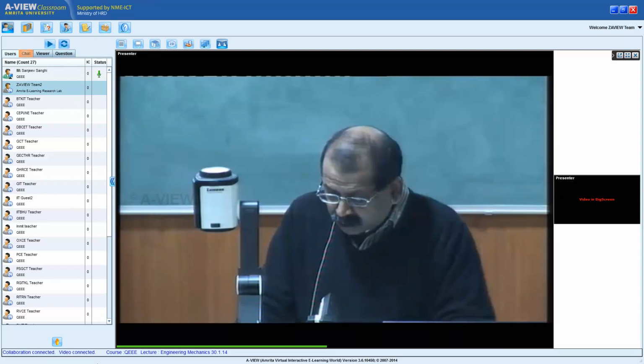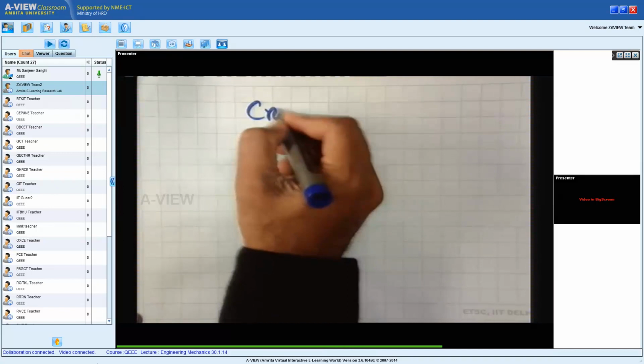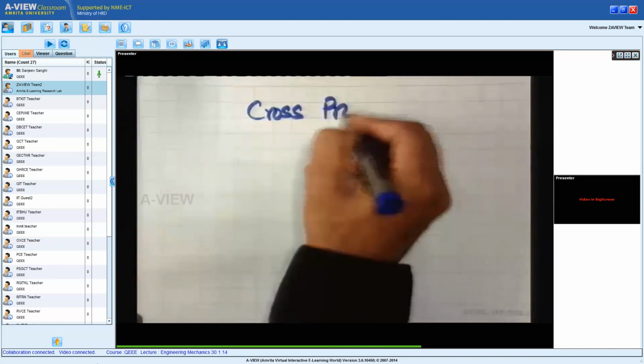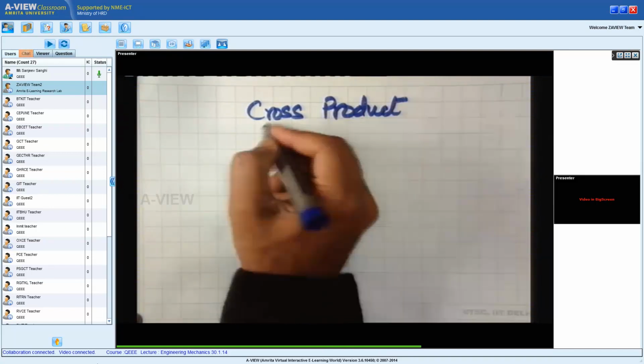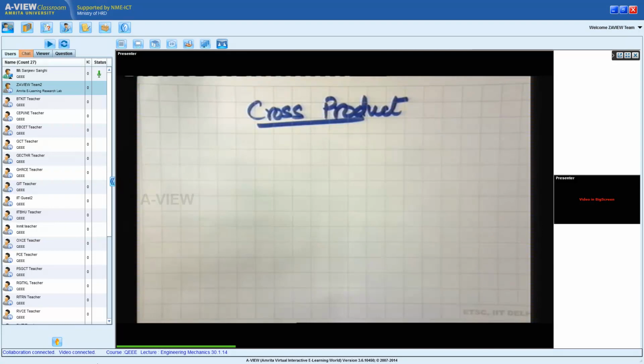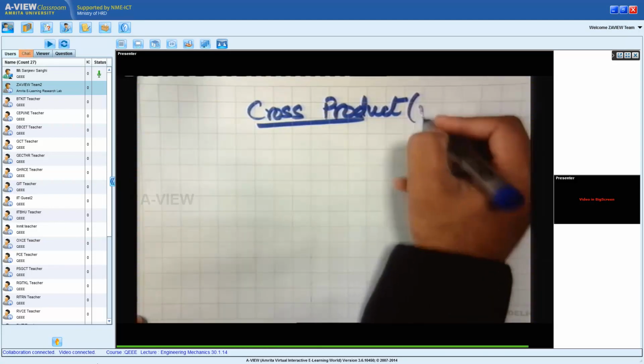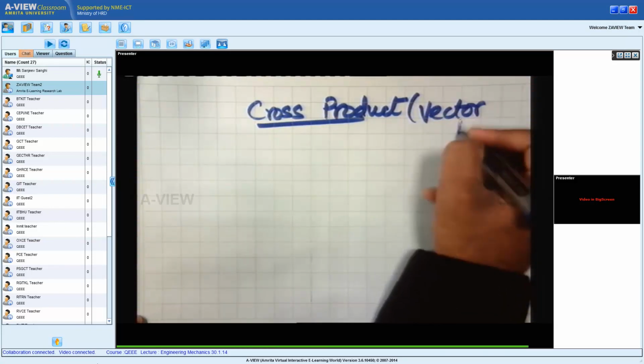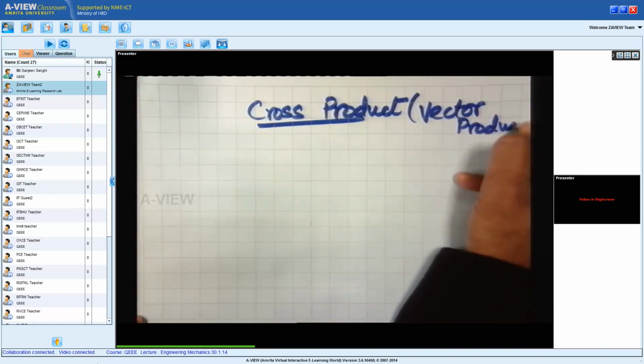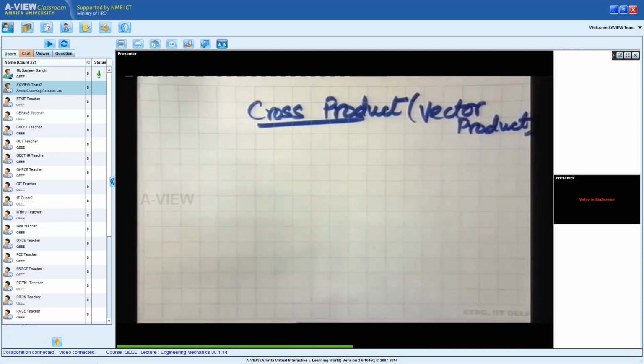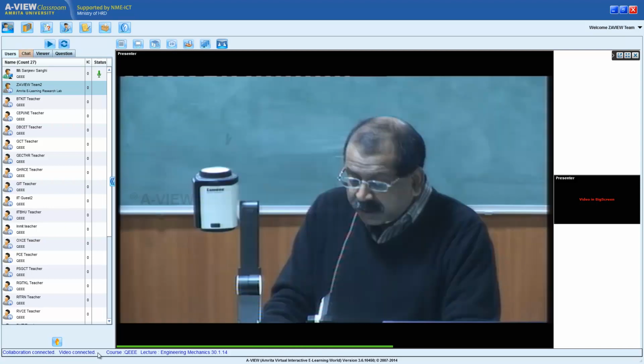Next, I will talk about another type of product called the cross product. There's another name to this. It's also called the vector product. Now, in mechanics, where does cross product come into picture?